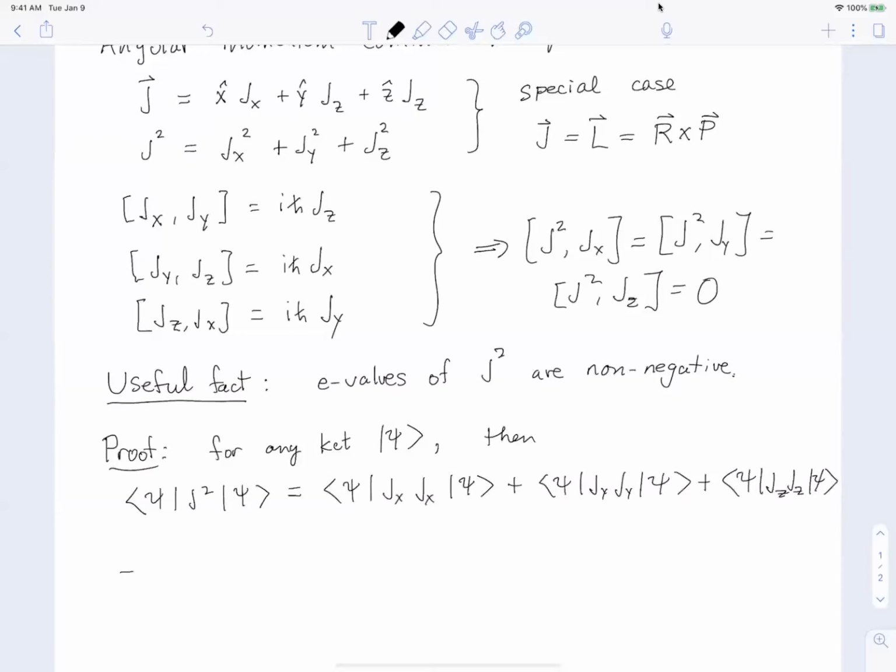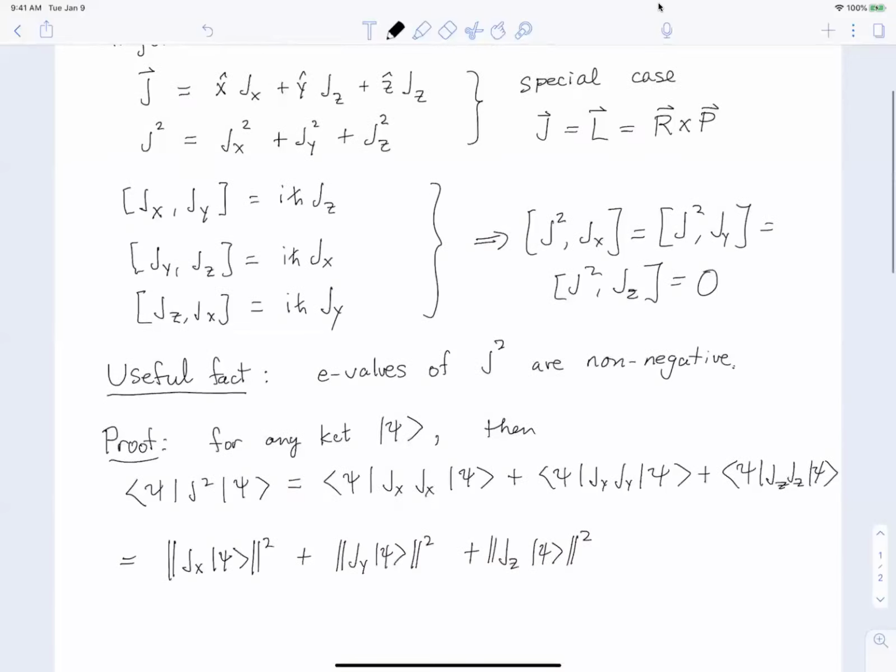The reason for doing that is because now I can write this as a sum of norms. So this is the norm of Jx acting on psi, squared, plus the norm of Jy acting on psi, squared, plus similarly for Jz.